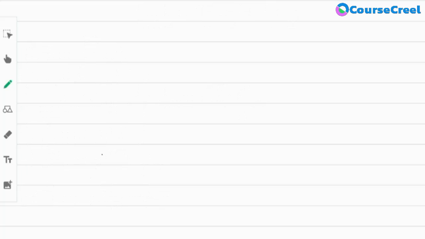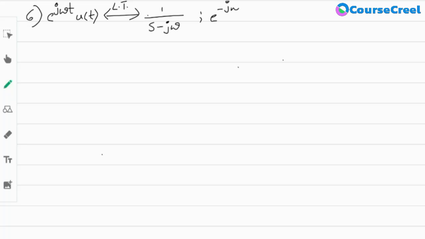And now the Laplace transform of the complex exponential signal e power j omega t u of t is 1 by s minus j omega. And Laplace transform of e power minus j omega t, the decaying complex exponential signal, is 1 by s plus j omega.